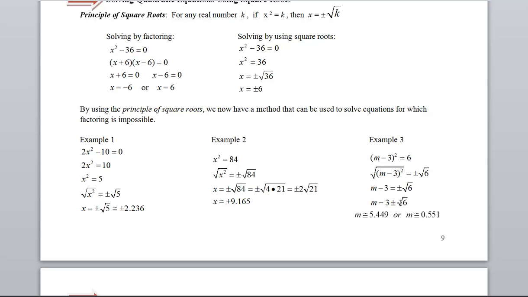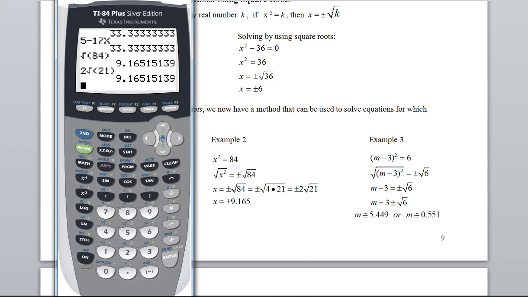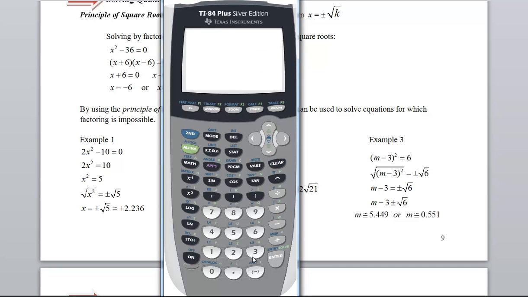Now I want to show you how we put that in the calculator, just to save yourself some time. I'm going to do 3. I call this the upper road because it's plus or minus. The plus is on top, so I just call it the upper road. So 3 plus the square root of 6, and let's see if I end up with that particular value right there.